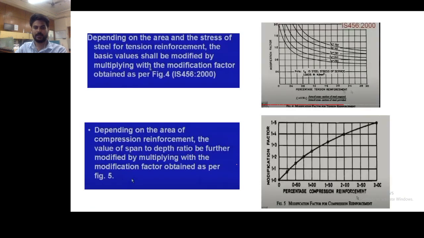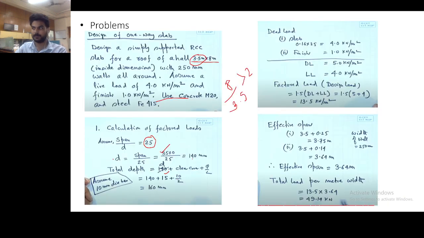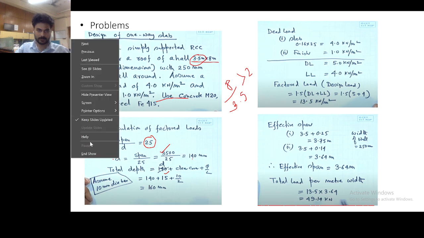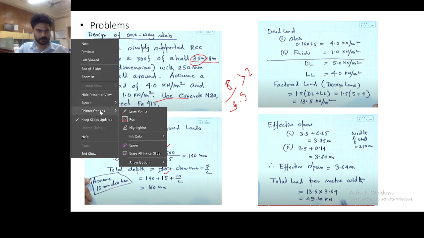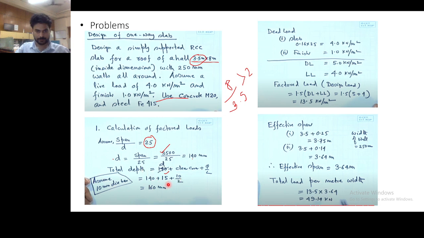So here 20 minus 5, they have considered as 15. See, 15 as a cover and assume 10 mm dia bar. So to the center of the bar we will add diameter by 2. So by addition of this, total depth D, capital D, will be 160.